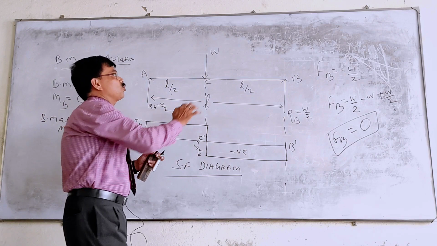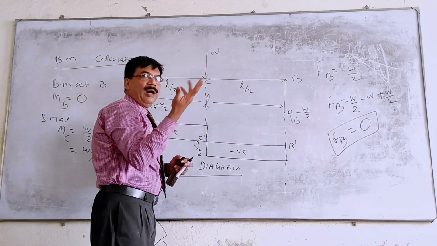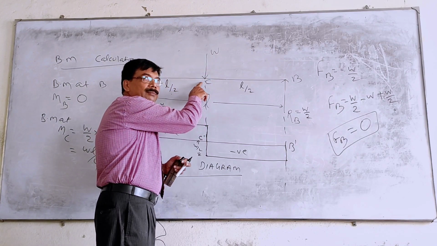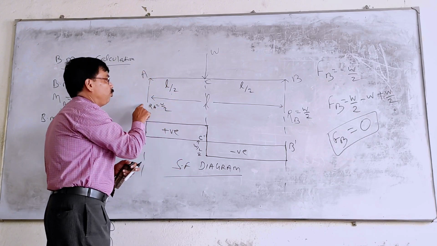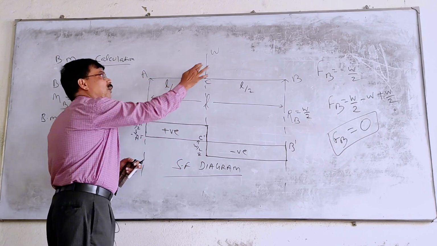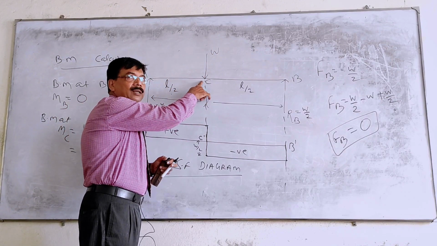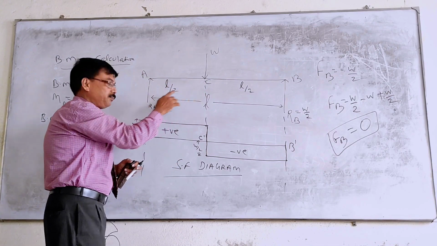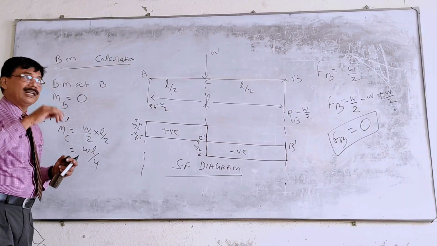And there is another force also, W. But the W is acting at C, so W does not have any moment action because it has no perpendicular distance. So only one load, that is W/2, and the distance is L/2. So W/2 into L/2 is the value.